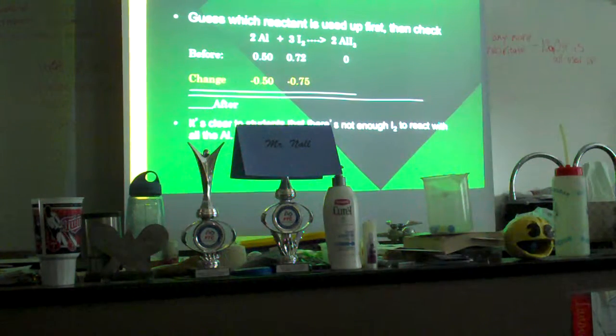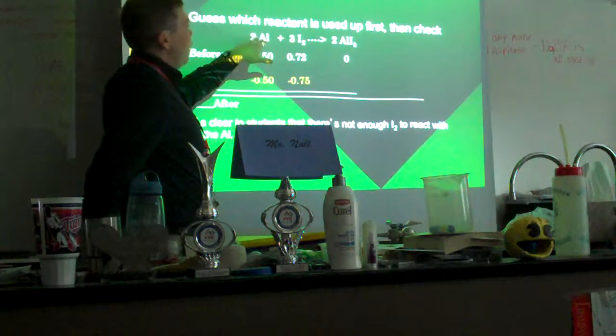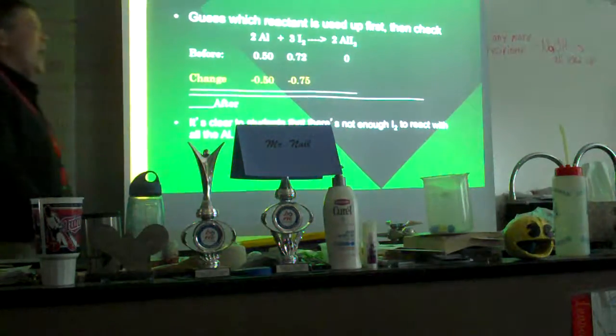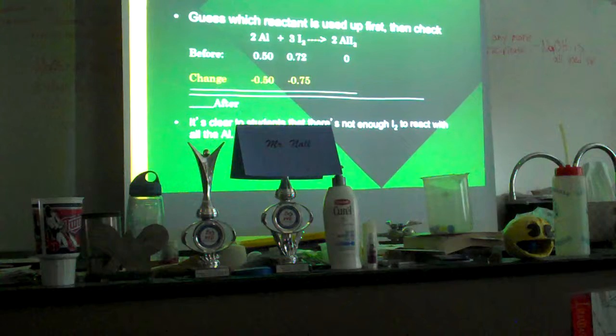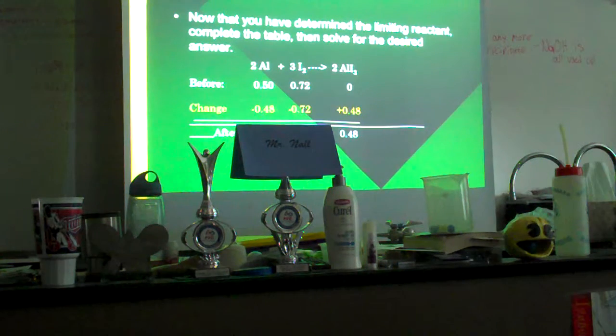So now what we have to do is take the 0.72 iodine times 2 aluminums for every 3 iodines. In other words, take 0.72 times 2/3. So 0.72 times 2/3 gives you 0.48.